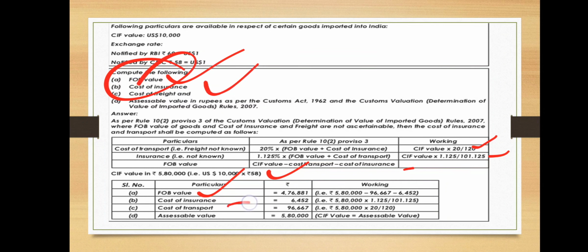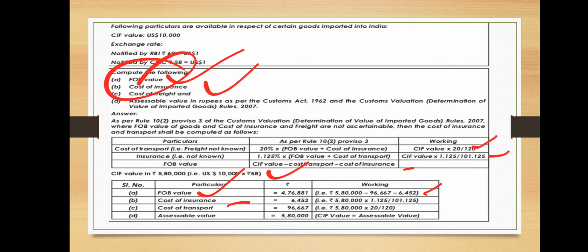So here see the cost of insurance, 6,452. How did we deduct 6,452? 1.125 divided by 101.125 multiplied by 5,80,000 gives 6,452. So as per the working given in the prescribed format, we need to calculate, isn't it?